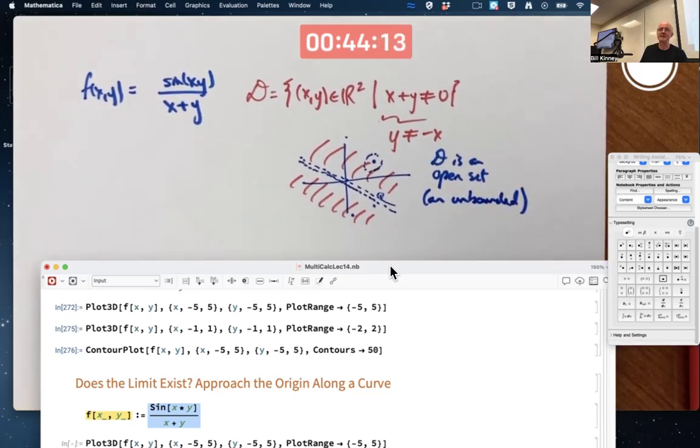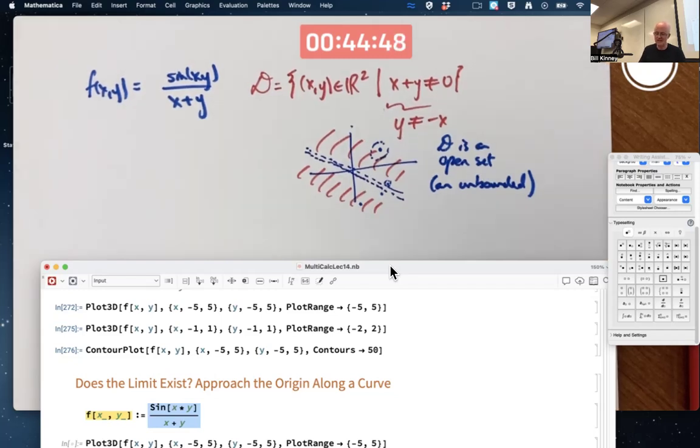Bounded versus unbounded is going to be important for us as well, not so much today, but later. Introducing the idea today: a bounded domain doesn't go off to infinity in any direction. You can put it inside some possibly very big disk, and it's completely inside there. Unbounded means it goes off to infinity in some direction or another, or maybe in every direction. Those would be examples of unbounded sets.